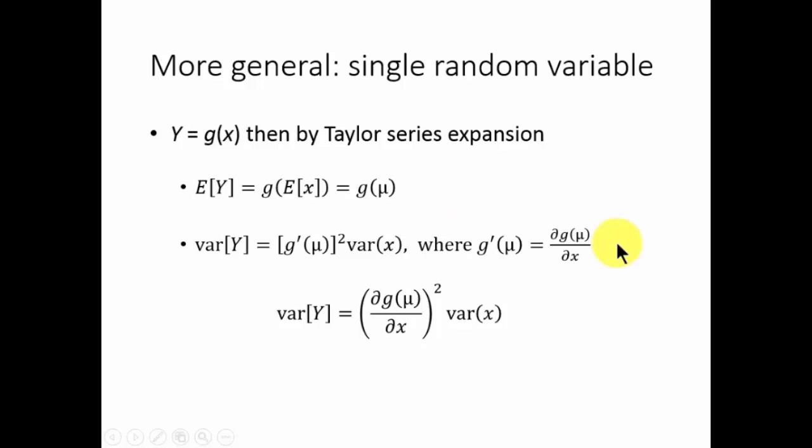Here the variance of y equals the square of the first derivative of the function g of mu times the variance of the random variable x, where the first derivative of g of mu is the partial derivative of g of mu with respect to random variable x. Therefore, the variance estimator for the expected value of y is the square of the partial derivative of g of mu times the variance of the random variable x.